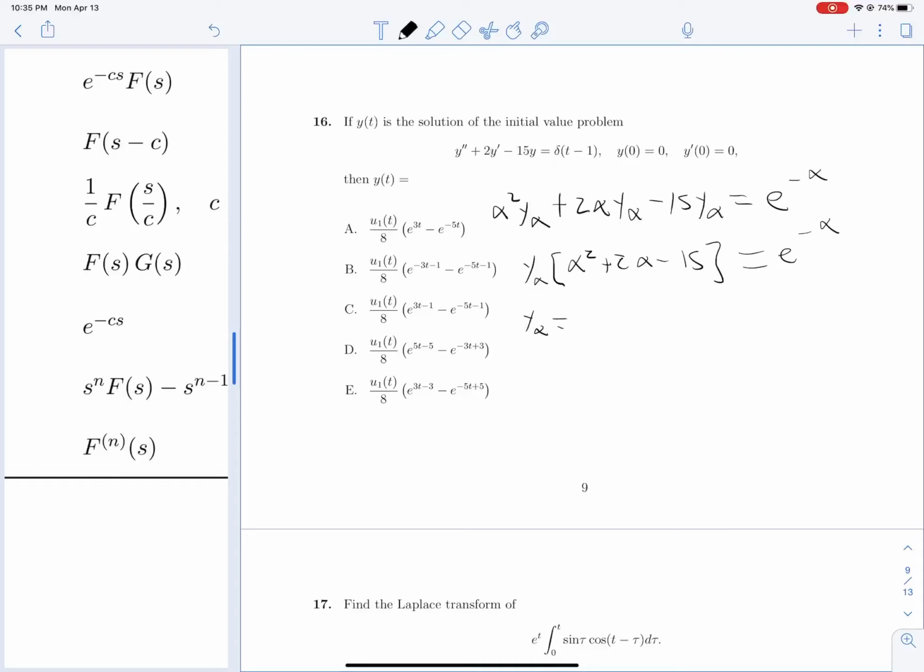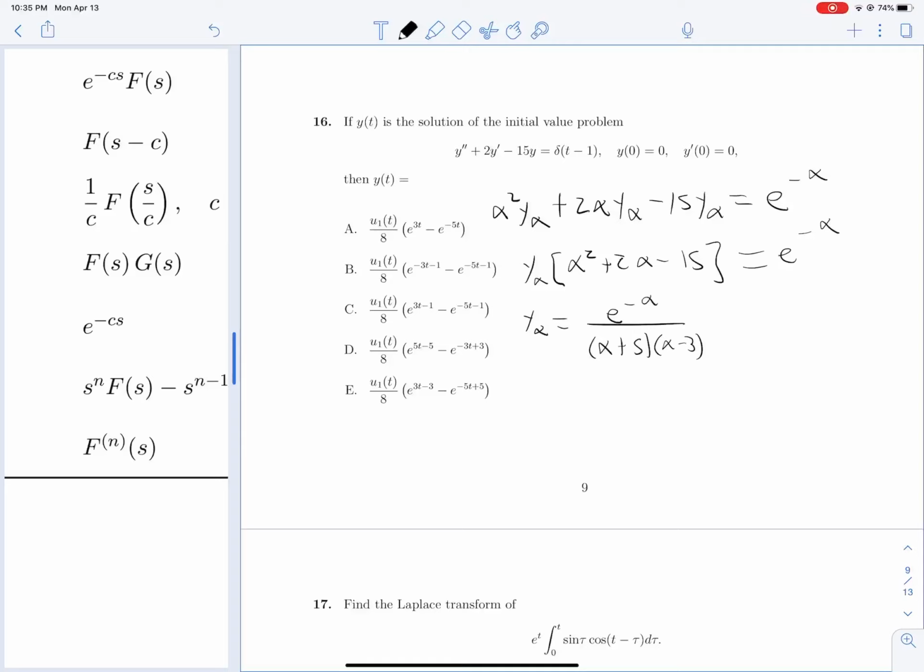So y alpha is equal to e to the negative alpha all divided by alpha squared plus 2 alpha minus 15. We can factor that to alpha plus 5 times alpha minus 3. Let's do some partial fractions on this.